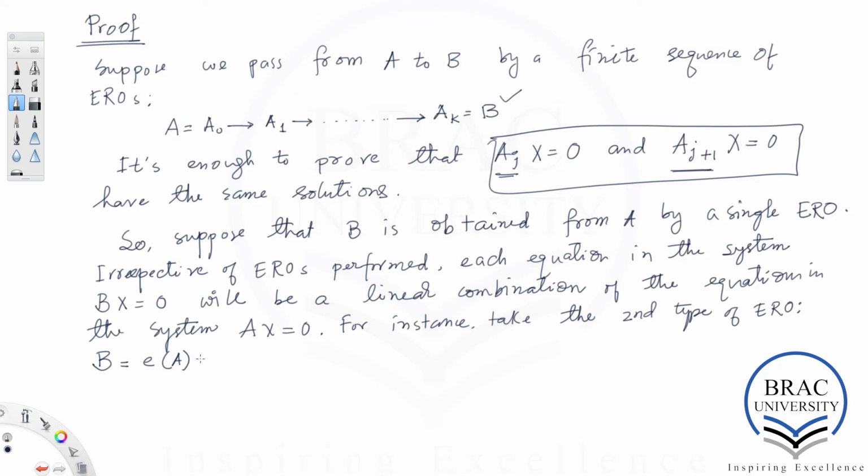Which means that Bij is equal to E of Aij, which is equal to Aij if i is not equal to r. And this situation can be described in terms of rows in the following way.